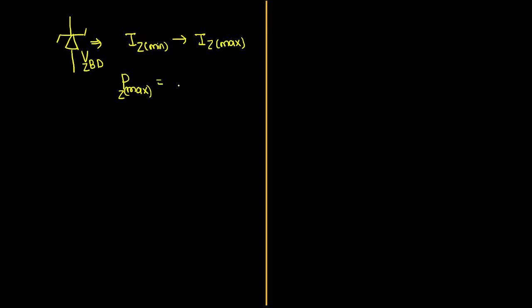If they ask like this, the Zener breakdown voltage is fixed, whereas whether the Zener diode consumes maximum or minimum power will be decided by your current. If you take minimum current, then power will be minimum. If you take maximum current, then your power also will become maximum.